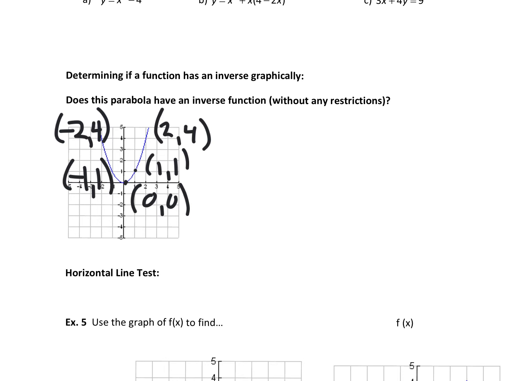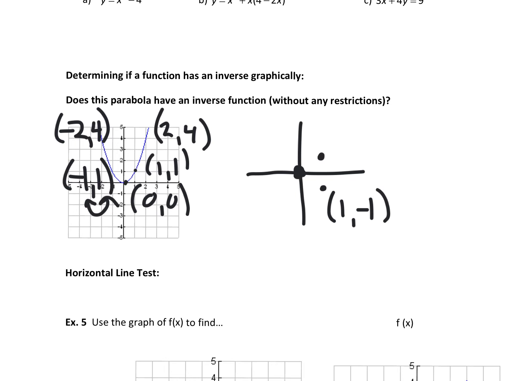If I do the inverse of that, I would interchange all of the x and y values. So 0, 0 would still be 0, 0. And again, you don't have to draw this, you can if you want to, but I'm just trying to demonstrate. We have here 1, 1 would still be 1, 1. But negative 1, 1 is now 1, negative 1, right? So I'm just interchanging the x and y, flipping these two, and then graphing the coordinates.